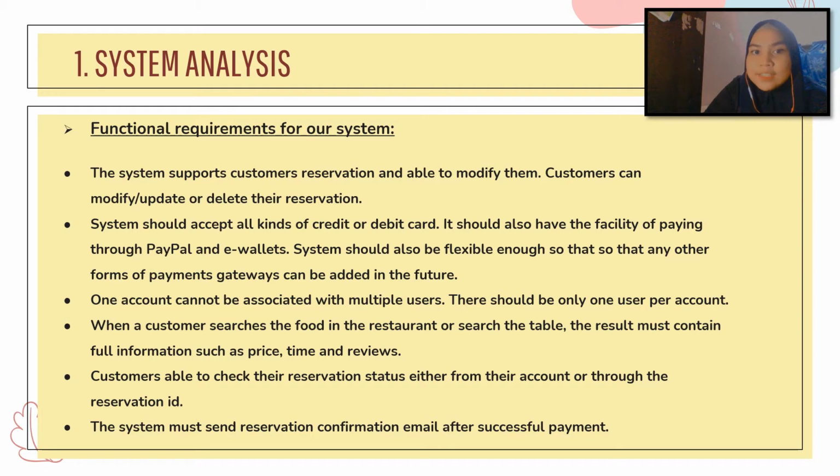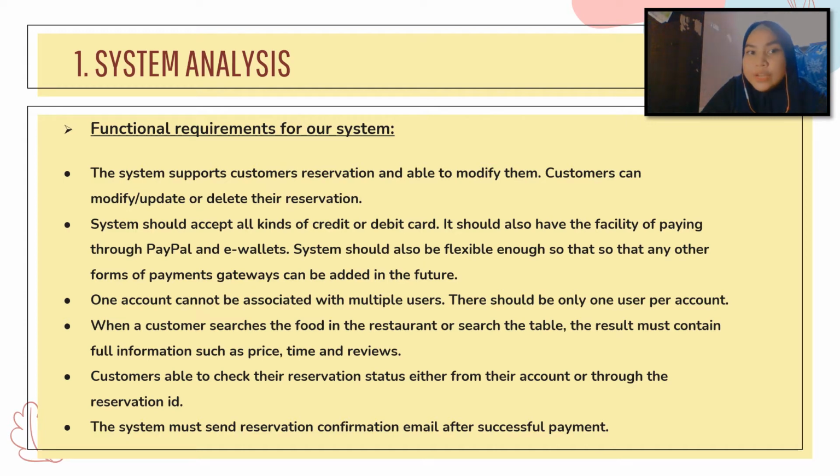System analysis is a process of collecting and interpreting facts, identifying the problems, and decomposition of a system into its components. So, what is functional requirement? Functional requirements deal with what the system should do or provide for user.